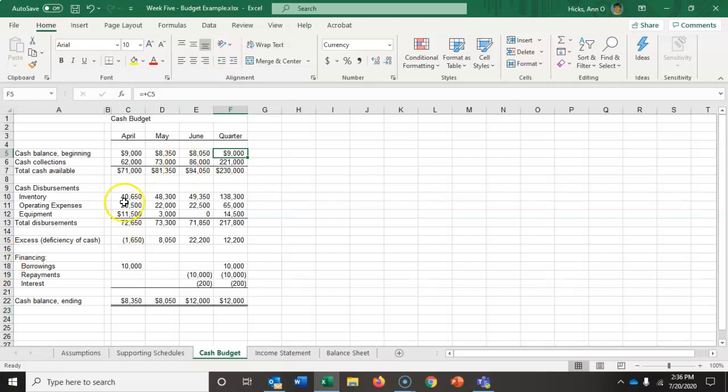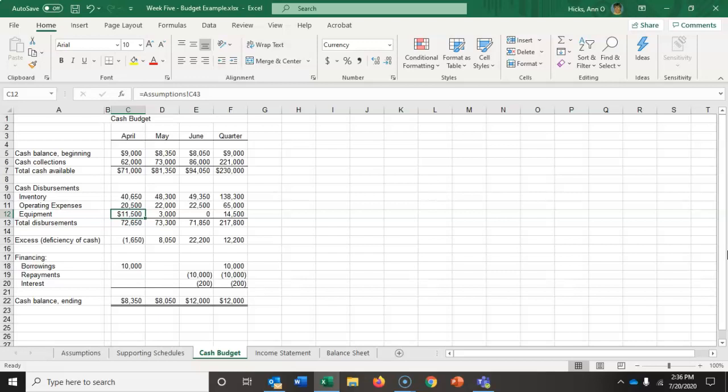I know one thing I would do, if you look at this, if it weren't for this $11,500 in equipment that we bought in April, we would have been fine. So I might consider going back to whoever requested that equipment purchase and find out if it was absolutely needed in April or if it could be deferred to June. Because June, we're racking in the cash.